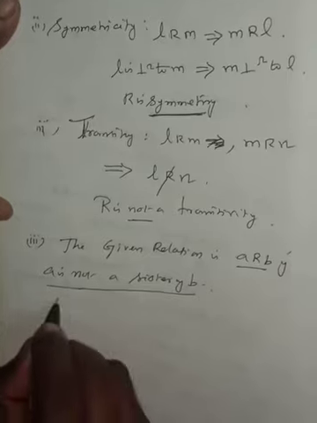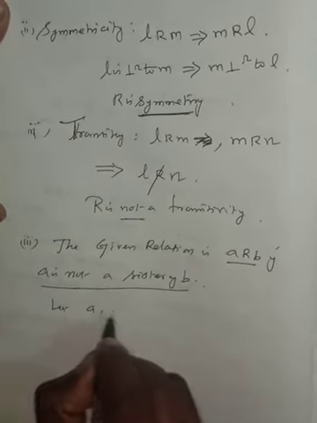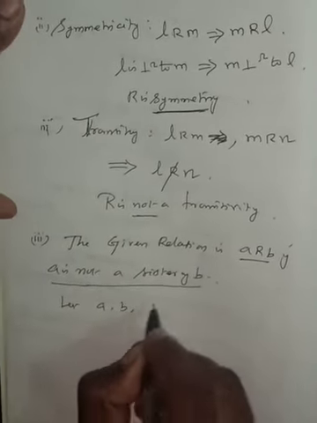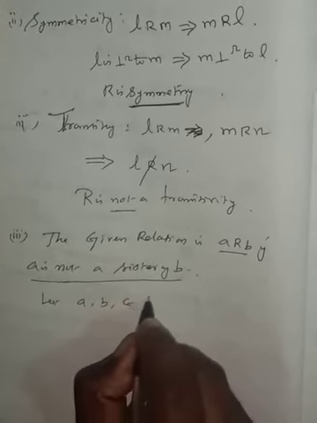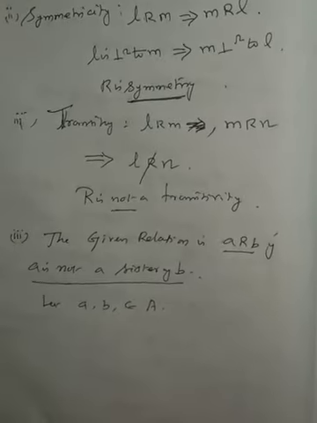First, let A, B, C belong to the family. The family is capital A. Okay.